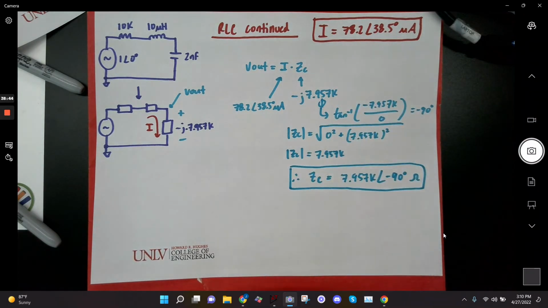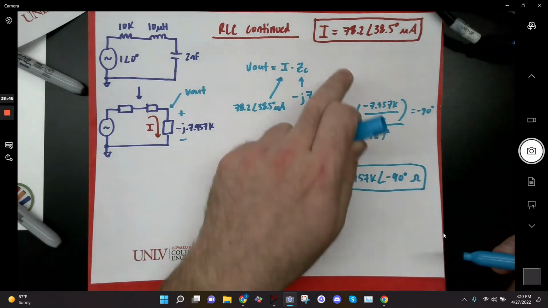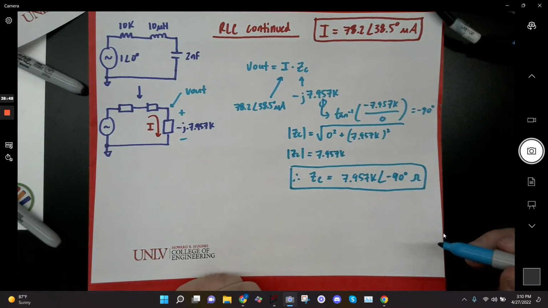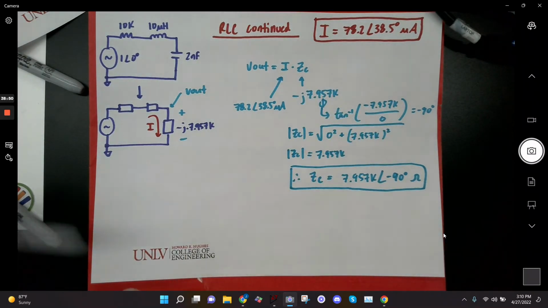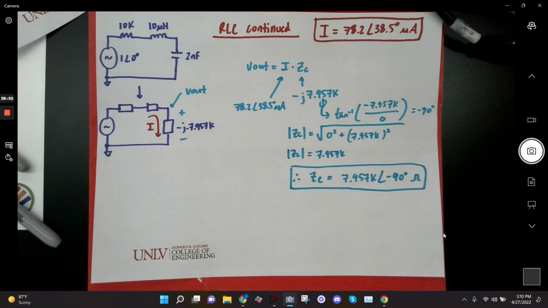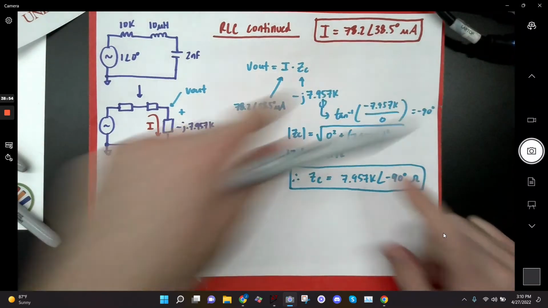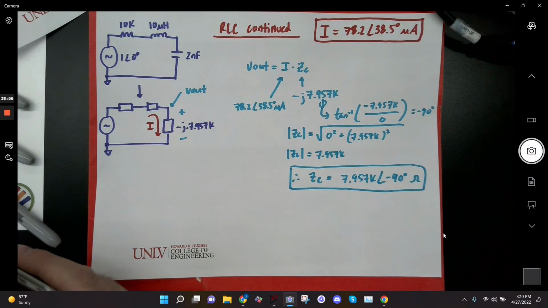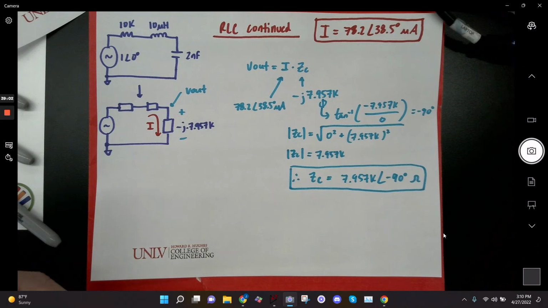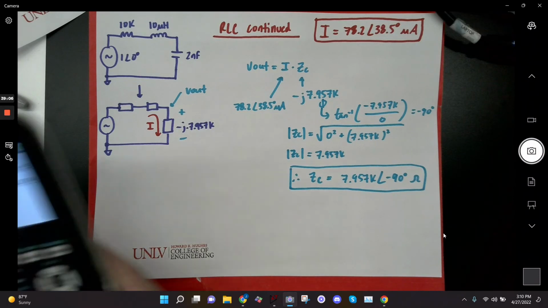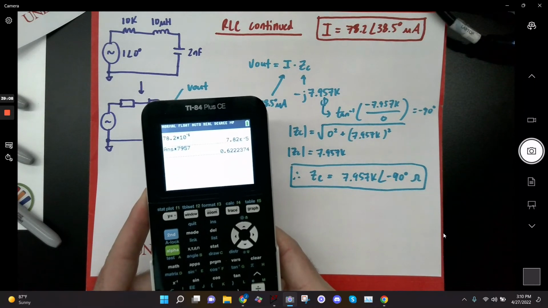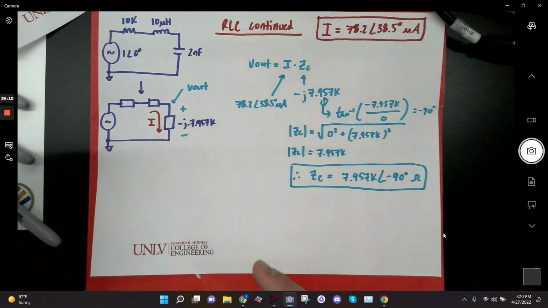Right? Now I've got ZC in phasor, I've got I in phasor, I just multiply them, that gives me my V out, all right? I said it was like 622 millivolts, so we should expect that this times that gives me 622 millivolts. So it's basically 78.2 times 10 to the minus 6 times 7,957, 622 milli, 0.622, right?